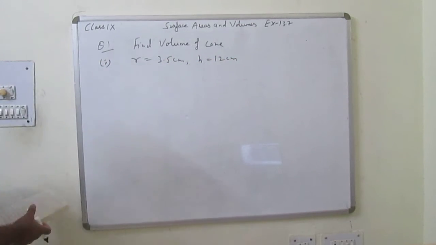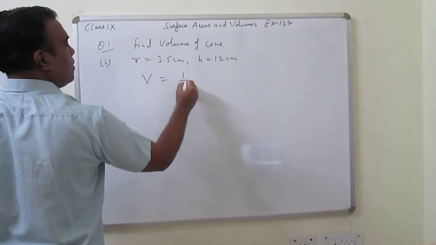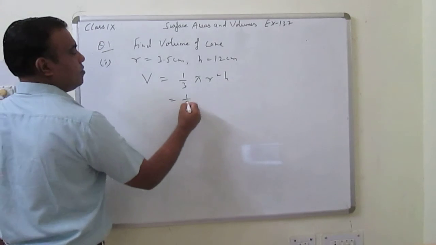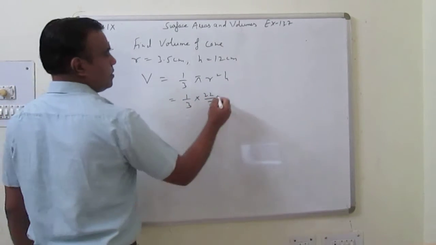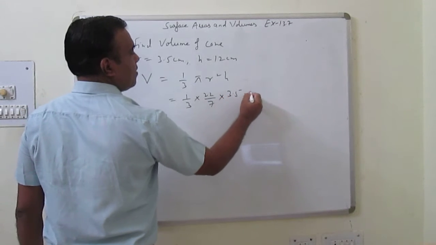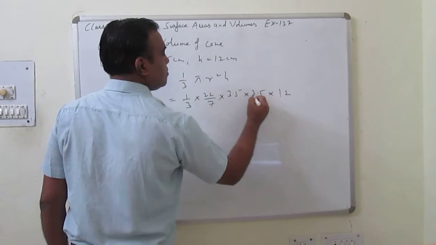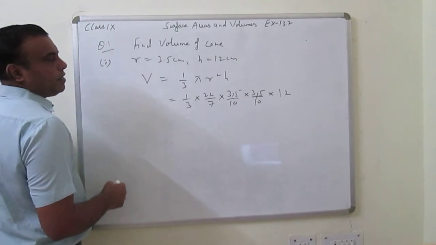Now volume of cone is equal to 1 upon 3 pi r square h. Putting the values 1 upon 3, 22 into 7, 3.5 into height is 12. This 10 comes down. Now cut it.